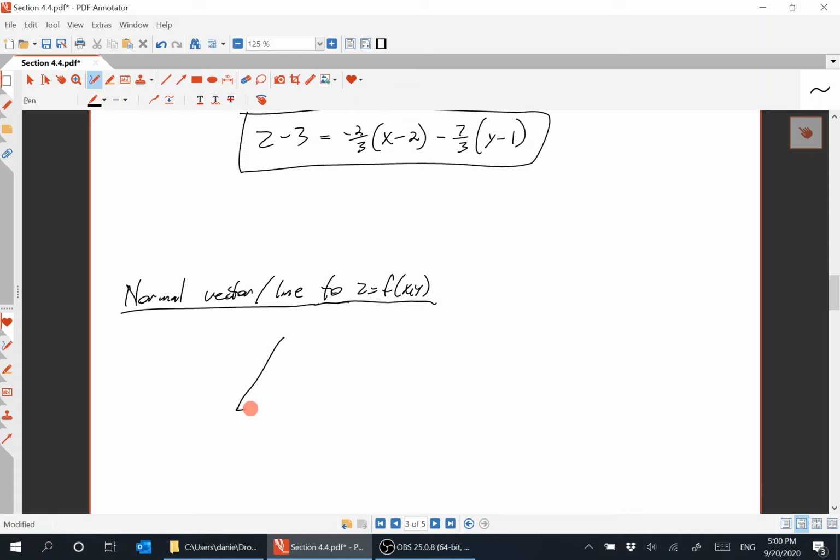With a plane, this normal vector (A, B, C) gives you this equation right here, ax plus by plus cz equals d, whatever that d might be. So that normal vector is just hiding in plain sight in the equation.